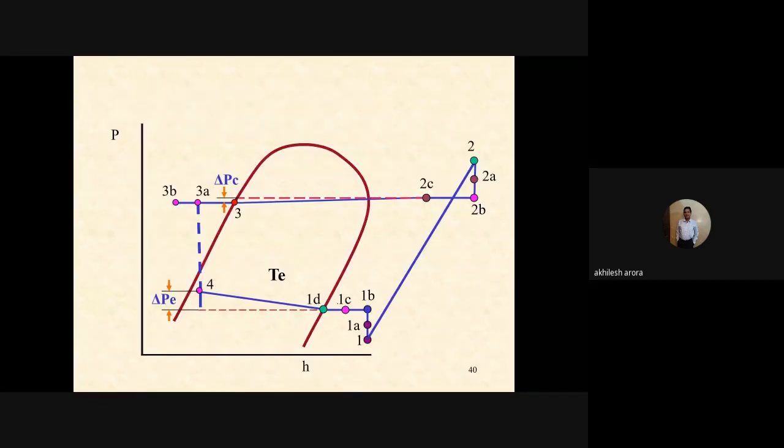So once again, this is superheating in the evaporator, this is superheating in the suction line, this is pressure drop in the suction line, this is pressure drop at the compressor inlet valve.